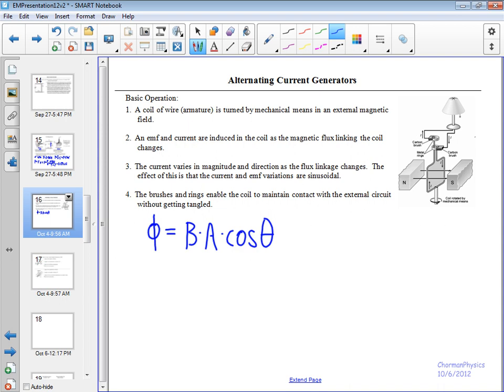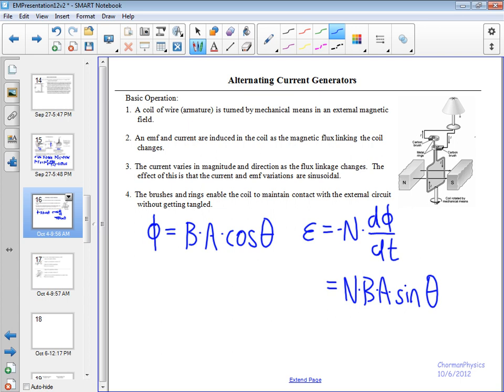In fact, a little calculus note: the EMF is going to be equal to negative N times the time derivative of the flux. If this is the equation for the flux, we see that EMF is just equal to N B A omega sine theta. So we see that both change.